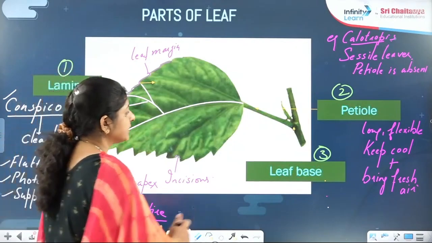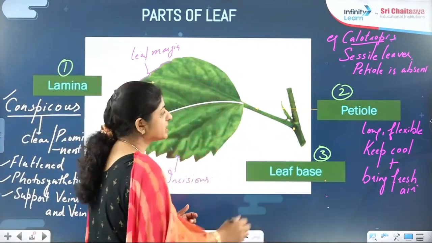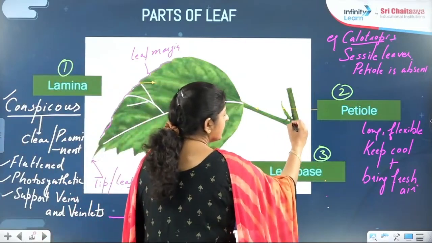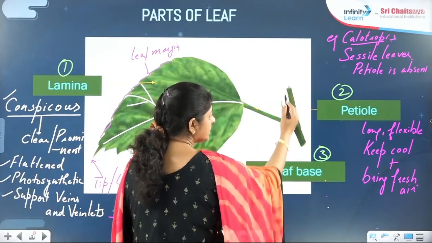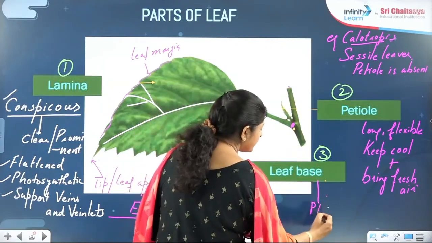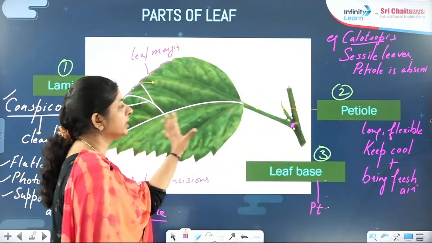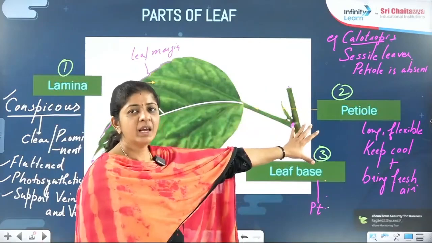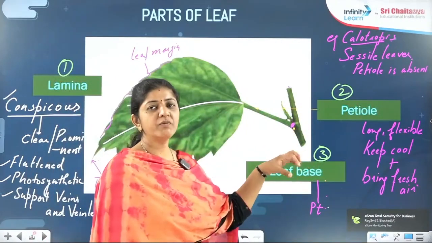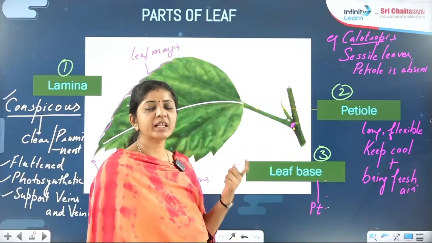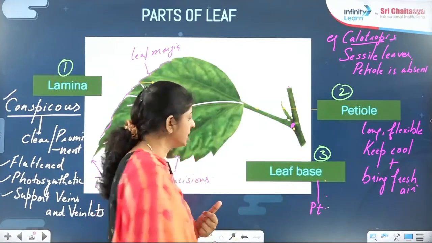Now the next part is the leaf base. The leaf base is the point at which the leaf attaches to the main stem. So this is the point of connection of the leaf with the main stem, right? In the leaf base, you will find some modifications, and that is a very important question in NEET.